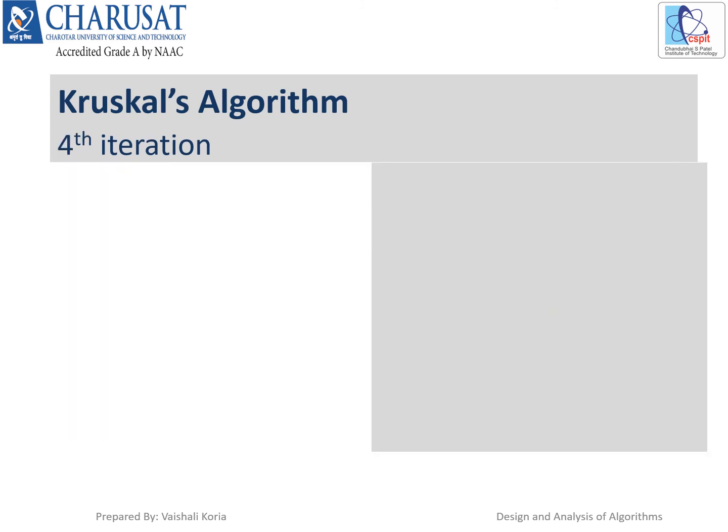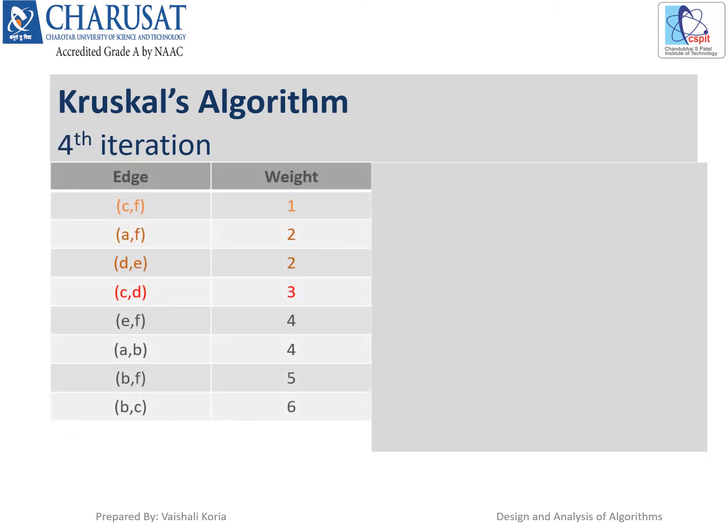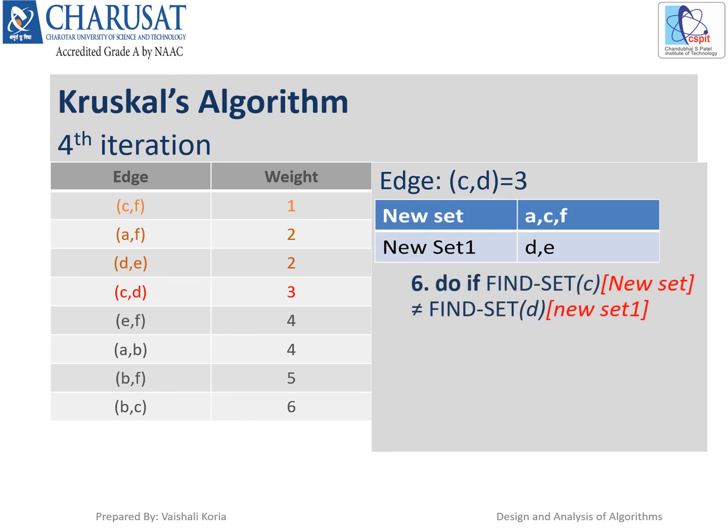Now in the fourth iteration we will take the CD edge with the weight 3. Again we will check the representative sets of C and D. The representative set of C is this new set and the representative set of D is this new set 1. Both are different, so CD can be added to the solution set.